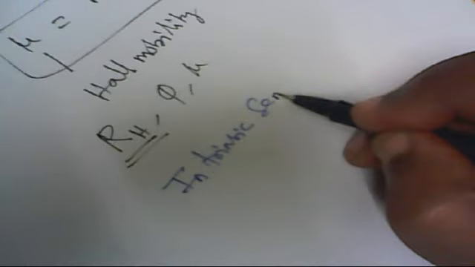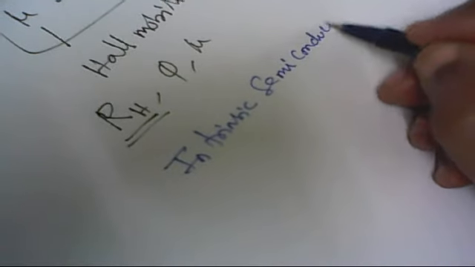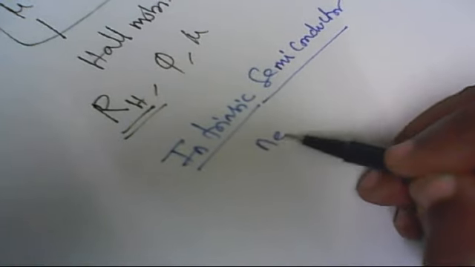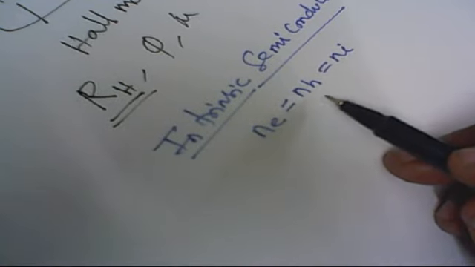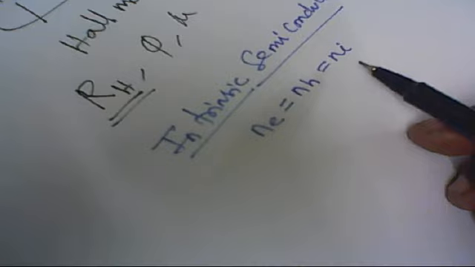So what happens to the expression for Hall coefficient if it is an intrinsic semiconductor? Let us consider the case of an intrinsic semiconductor, that is an undoped semiconductor. In case of an intrinsic semiconductor, the number of electrons is equal to the number of holes, that is equal to Ni, intrinsic.